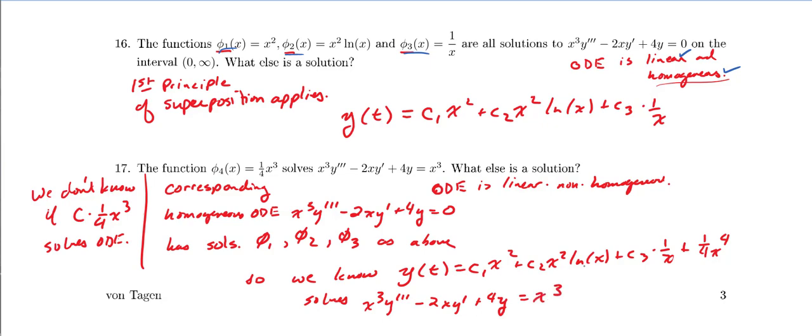How come? Because of the linearity of the left-hand side, that linear transformation, this component right here will all get mapped to 0, and then this solves the non-homogeneous ODE, and so their sum will also solve the non-homogeneous ODE.